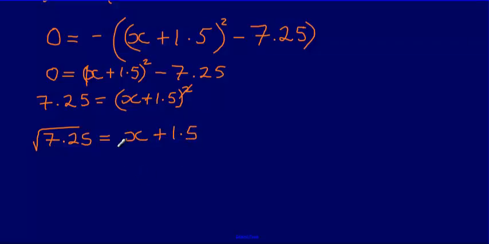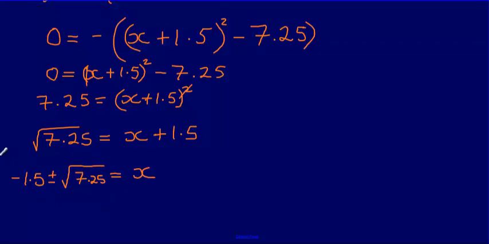And then lastly, what I can then do is say that x is going to be equal to negative 1.5 plus or minus the square root of 7.25.